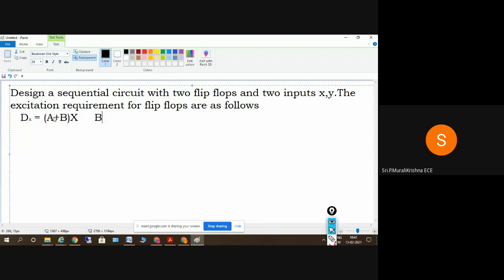And DB is equal to A bar X, and output Z is equal to A plus B into X bar. Okay, so this is DB.